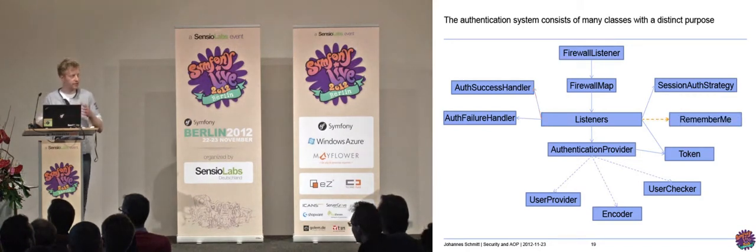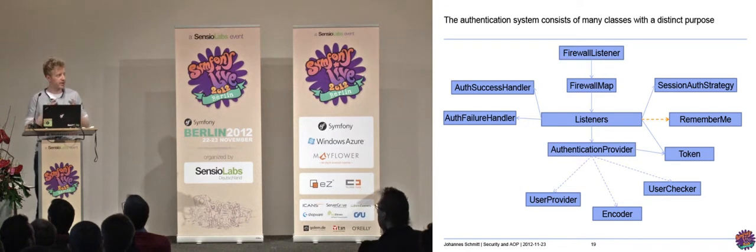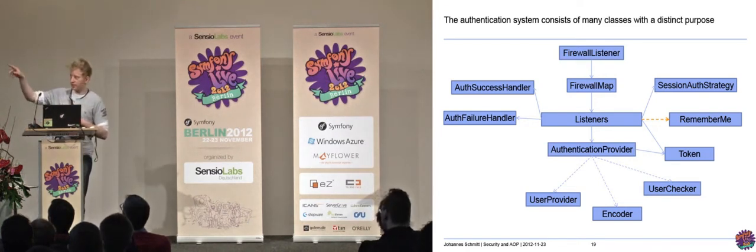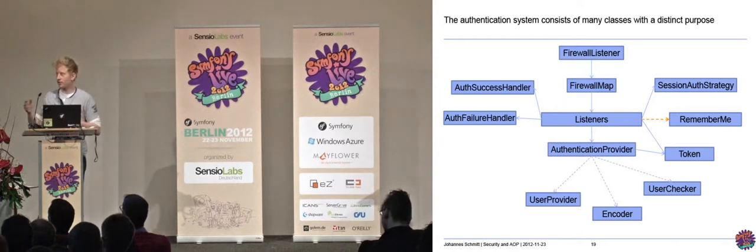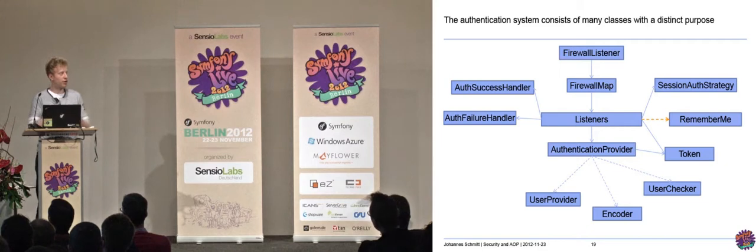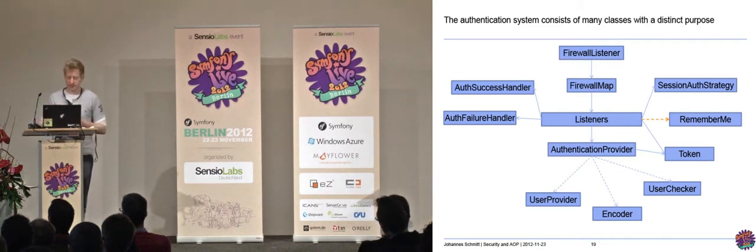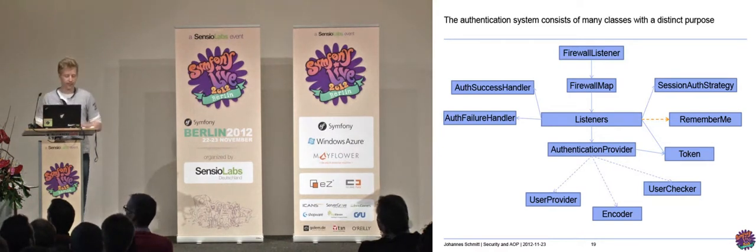And also in that process, optionally, we have the Remember Me functionality, which would not only send the redirect response, but also send a cookie along so that the user would be automatically logged in when he returns. And that's also hooked into the listener system.